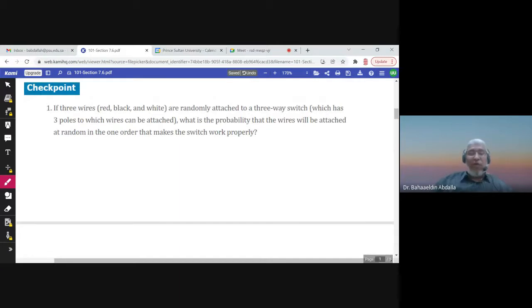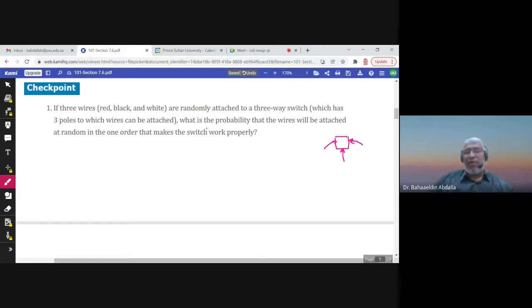If three wires, red, black, and white, are randomly attached to a three-way switch, the switch accepts three wires. The switch has three poles, and for each pole there is a wire attached.